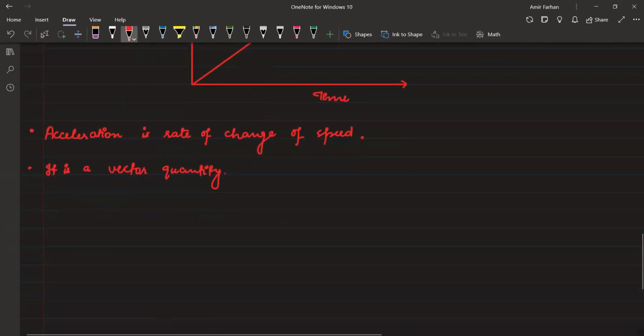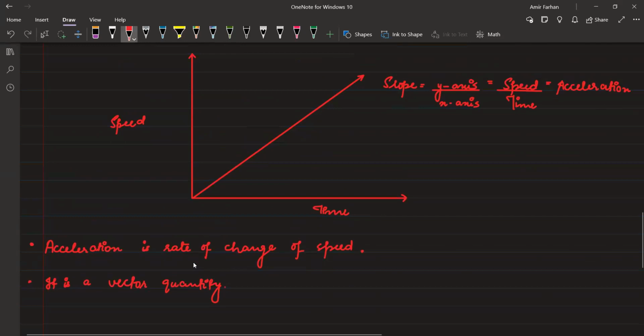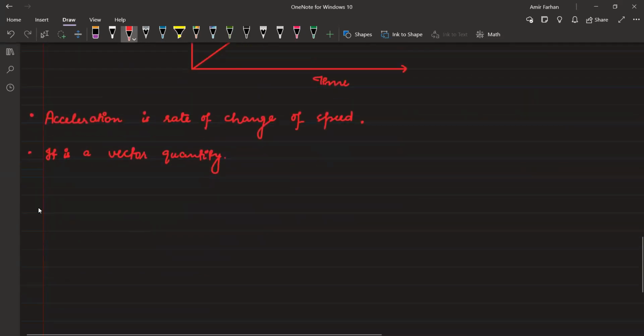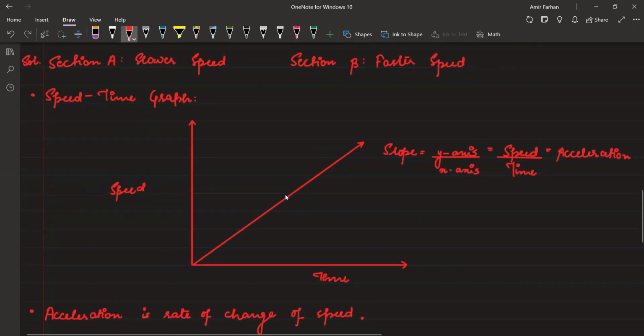So basically, speed time graphs give you the idea how fast the object is changing the speed. The slope of this graph tells you. As you can see, Ayaan, the graph is a straight line. So it means that if I increase the value of the slope, the acceleration will also increase, similar to the distance time graph.